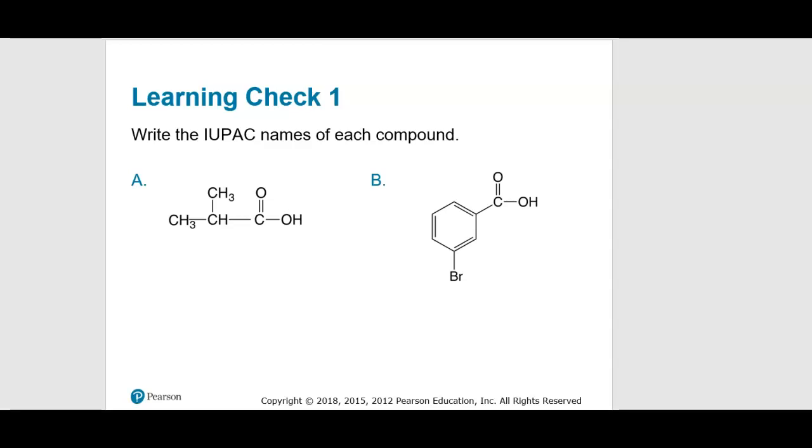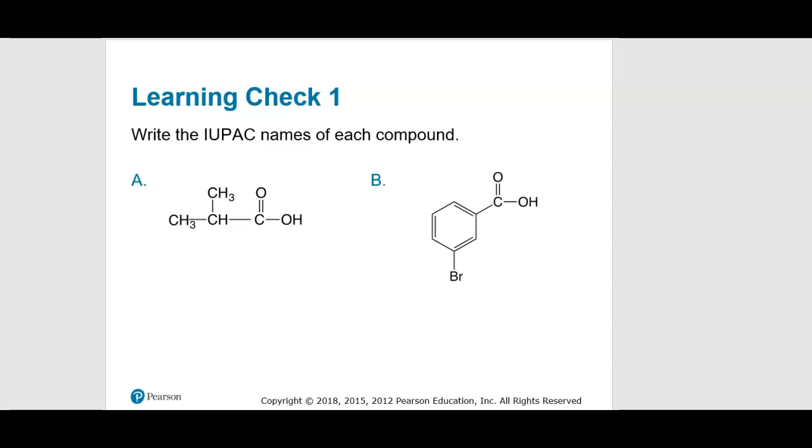All right. You've got a 3-carbon chain. So this is going to be a propanoic acid. It's from propane, so remove E and add oic acid. The second one, it's benzoic acid. Remember, the benzene ring with the carboxyl group is benzoic acid. You have to remember that.